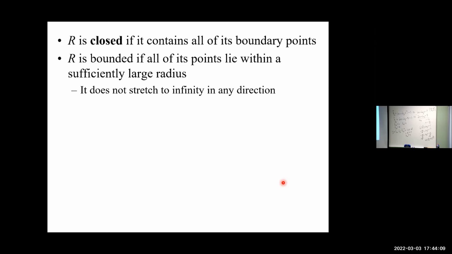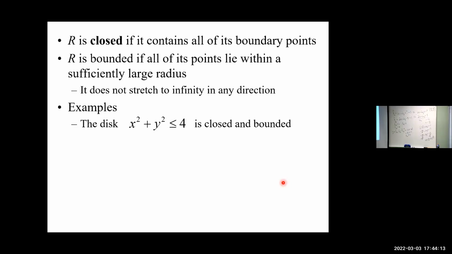So it can't stretch to infinity in any region if it's bounded. So an example, here's our most favorite case, closed and bounded. The disk x squared plus y squared less than or equal to 4 is closed and bounded because it lies within a boundary and it includes its boundary points.